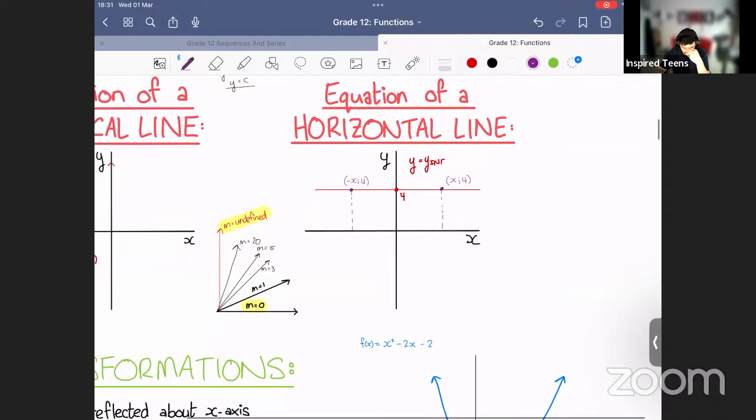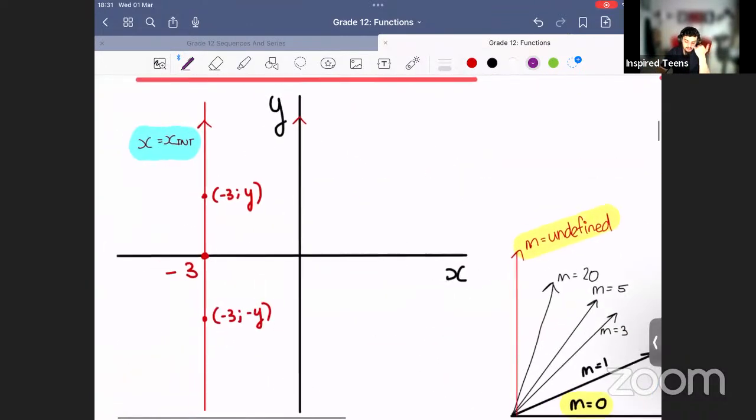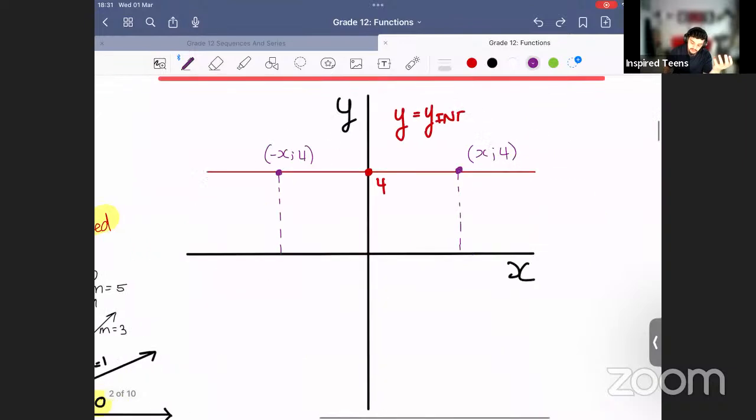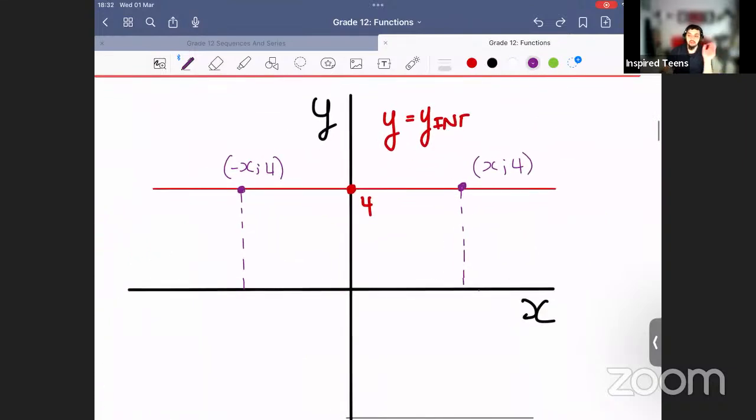Okay. So two things to note. Firstly, we are learning the formula of a vertical line, as well as needing to understand that the x value on a vertical line remains constant. And with a horizontal line, we learned the equation of a horizontal line: y is equal to the y-intercept.